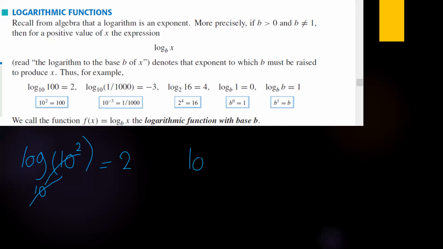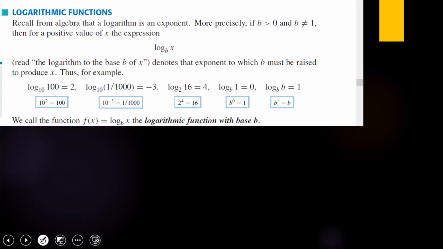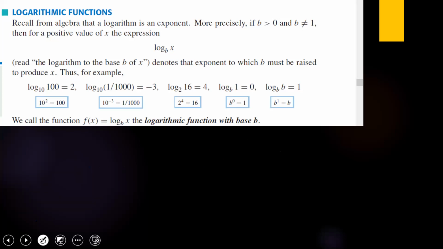And if you have logarithm to the base 10 of 10 to the power negative 3, you can say the 10 cancels the 10, so it will be negative 3. This is another way. Now, the most common logarithm is logarithm to the base 10.